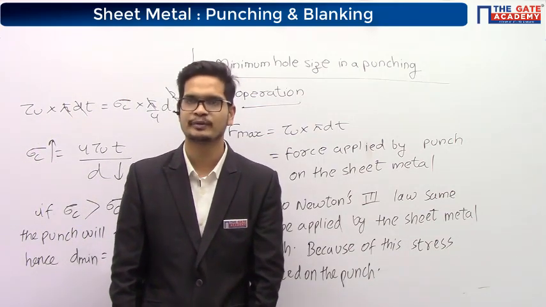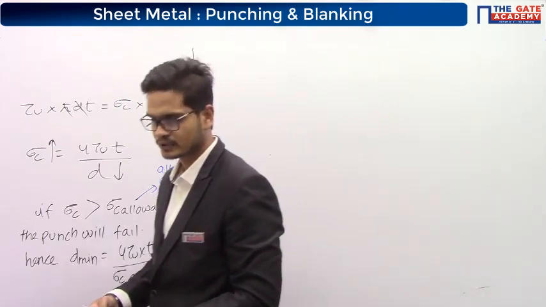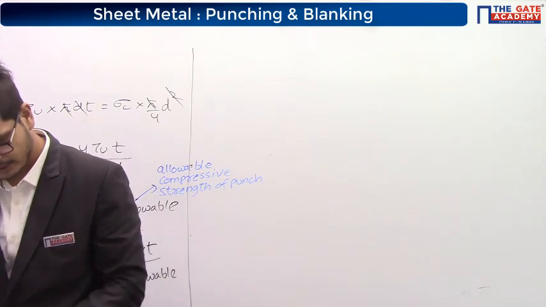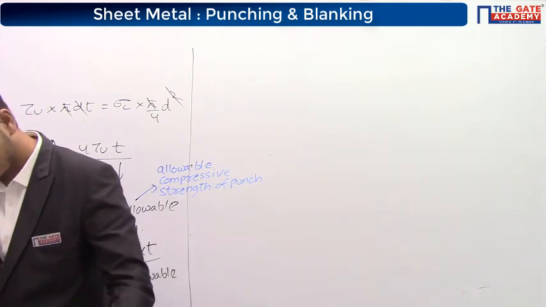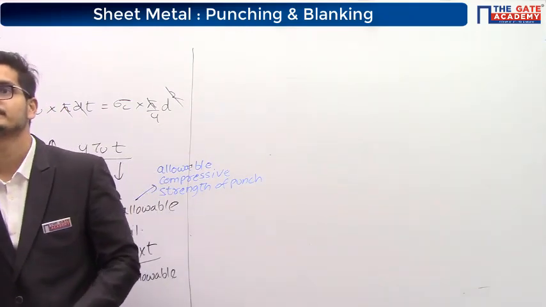Tell me the smallest punch diameter. Tell me the D minimum. Anurag is saying 8 mm. 8 is an option, but let me check. Most probably that will be right. Yes, 8 mm is the right answer.